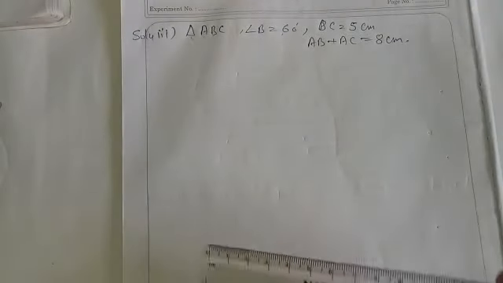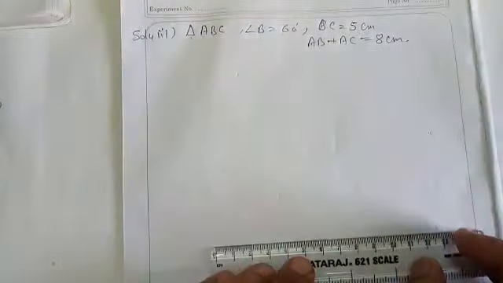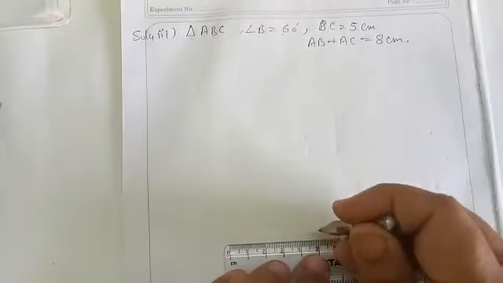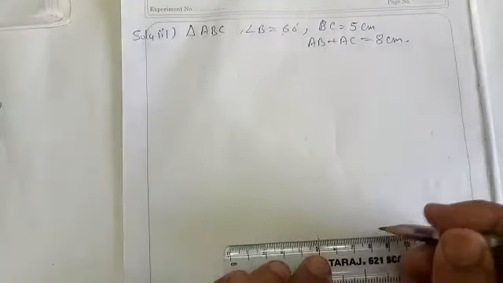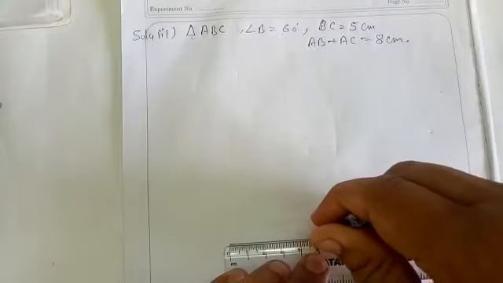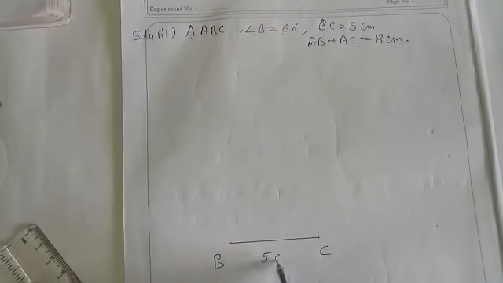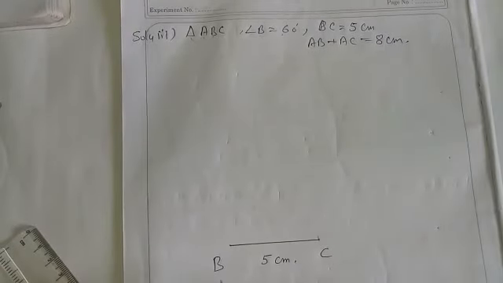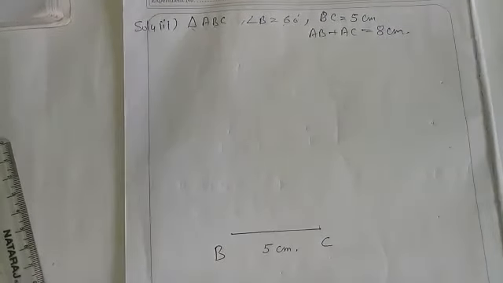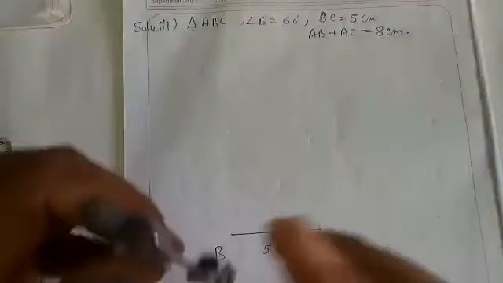First, what is the line given? BC, 5 centimeter. Draw a line BC of 5 centimeter and name it BC 5 centimeter. From point B, draw an angle of 60 degrees.